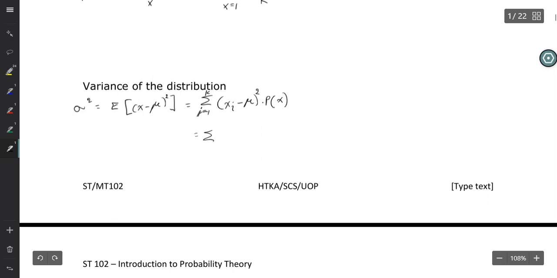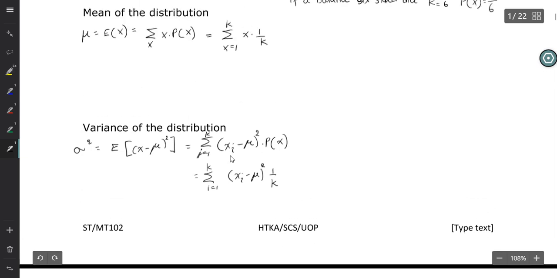So this will be i going from 1 to k, (xi minus mu) squared, and P(x) is 1 over k. Again, solving this summation, you can easily find the mean and the variance. So let's try to simplify these two expressions.